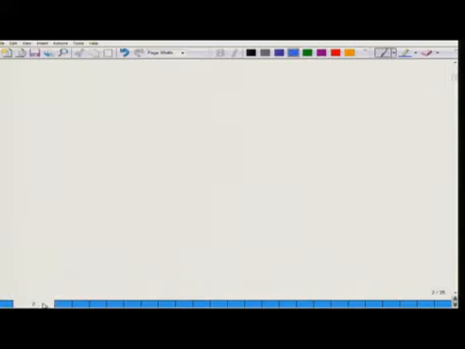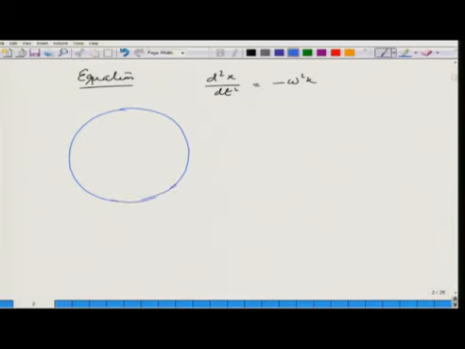We also learnt, besides the equation d2x over dt square equals minus omega square x, remember how we motivated this equation. This equation was motivated by looking at the x and y coordinates of a particle moving in a circle of radius r.